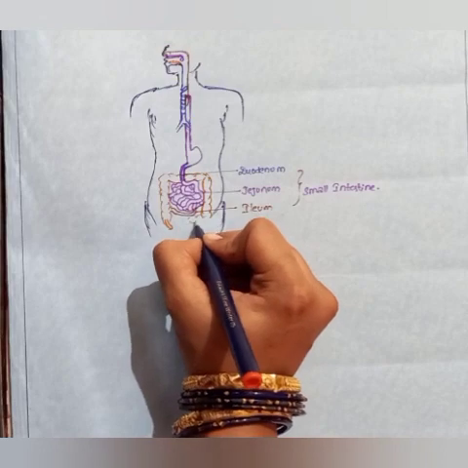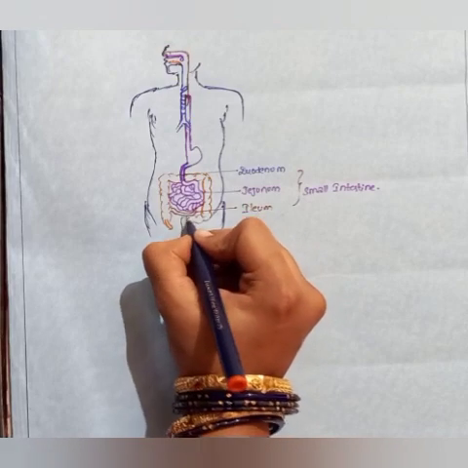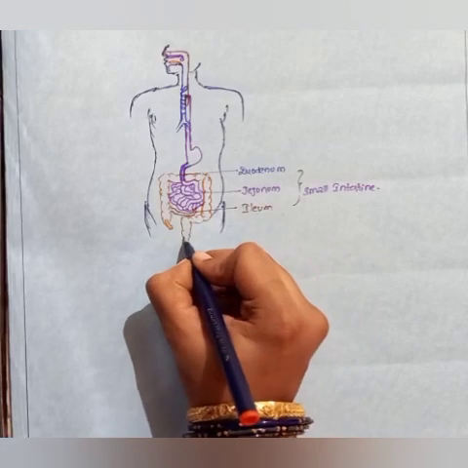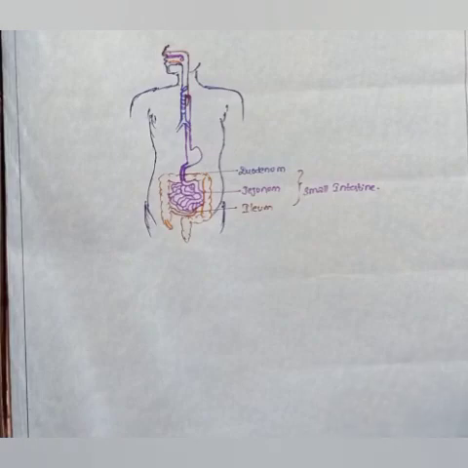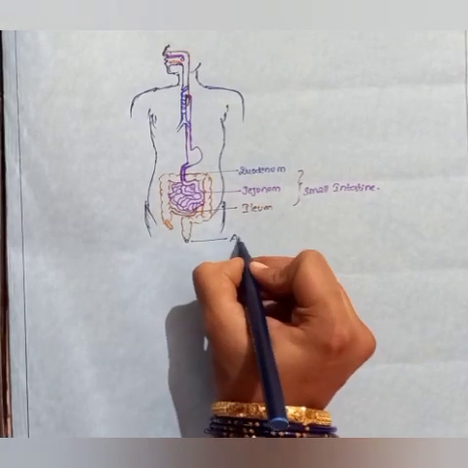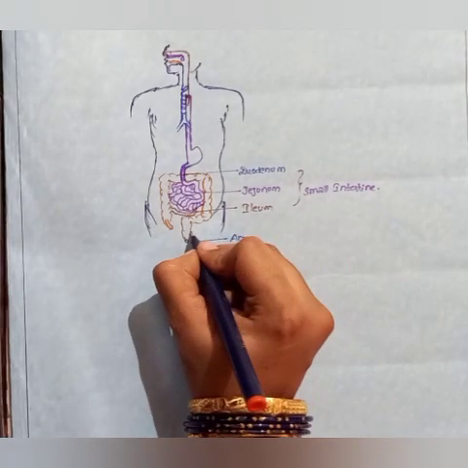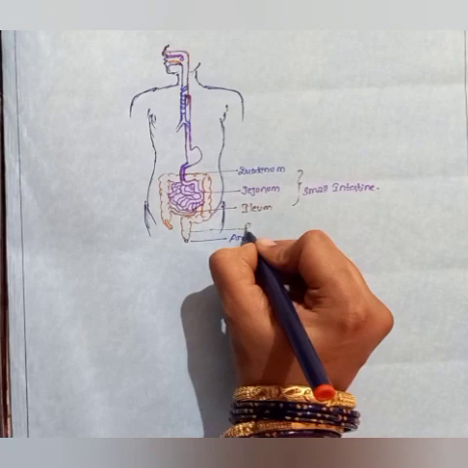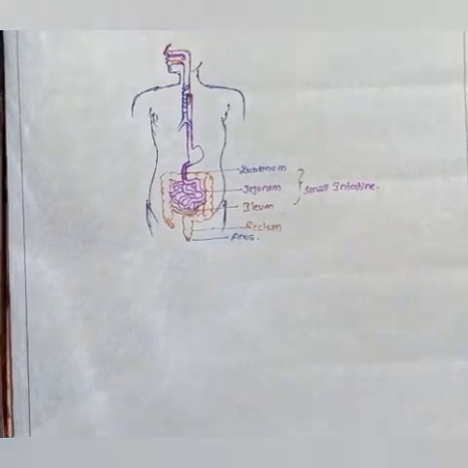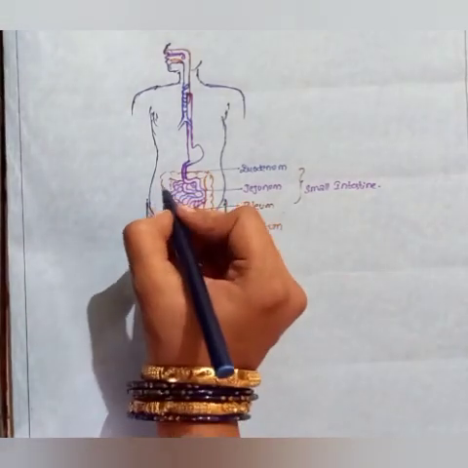And then we'll see a short tube-like structure called rectum. This short tube-like structure is called rectum, where the feces are temporarily stored. And finally we have an opening called the anus, which is open towards the exterior side, right? So this is rectum. For our benefit, I'm just labeling the large intestine this side so that you'll understand.